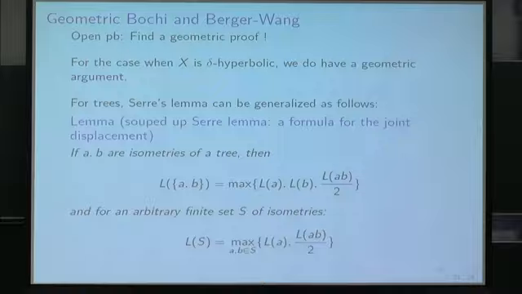Okay, so what can you do on a tree? Well, here's a souped-up version of Serre's lemma. It's a formula for the joint minimal displacement. If you take any two isometries A and B in a tree, then the joint minimal displacement of the pair is the maximum of the individual translation lengths of A, B, and L of AB divided by 2.